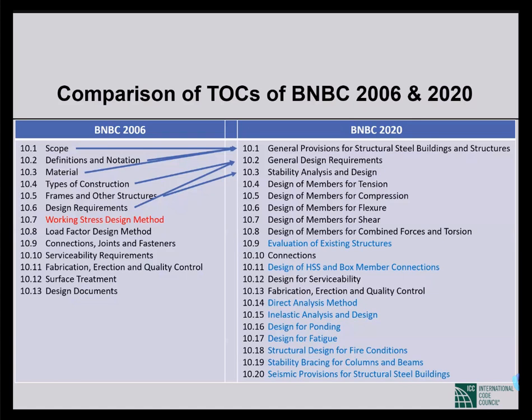These two are not similar, they are completely different. The working stress design method that was in BNBC 2006, based on the earlier versions of AISC, is completely different from the ASD, allowable strength design, of AISC. We'll talk about that, but the working stress design method is now obsolete, so it has been dropped.